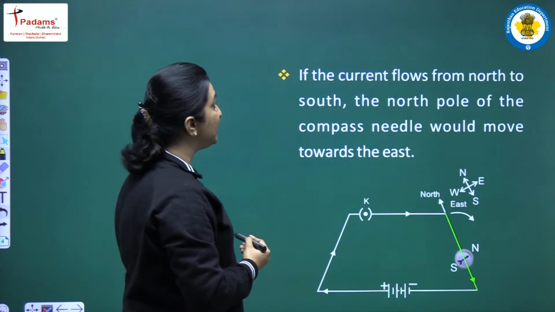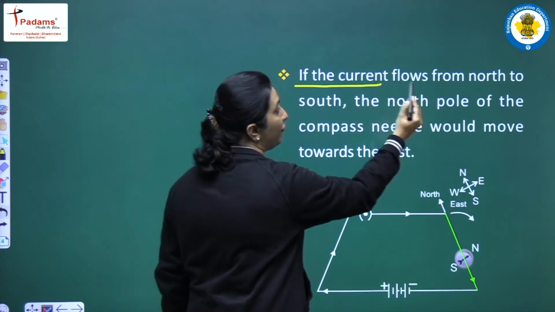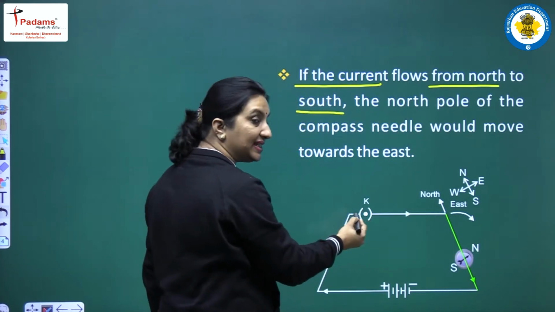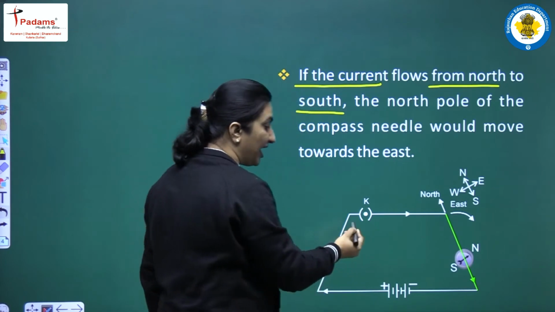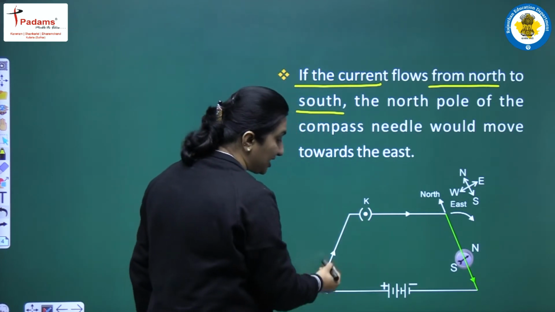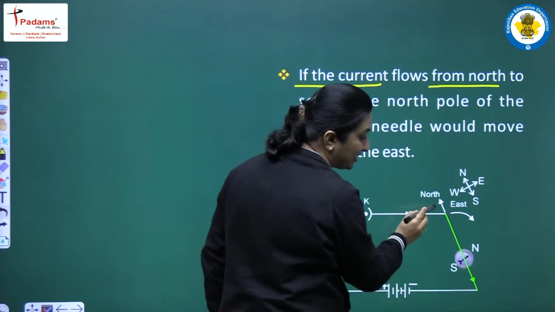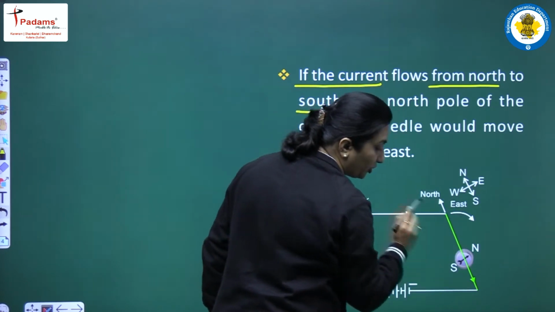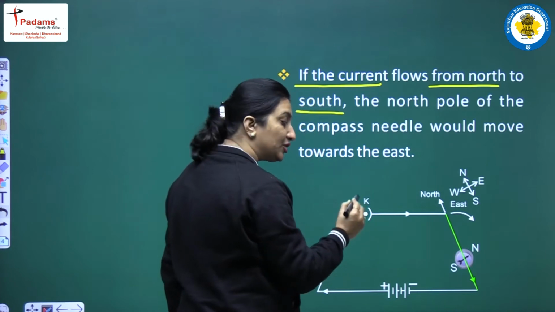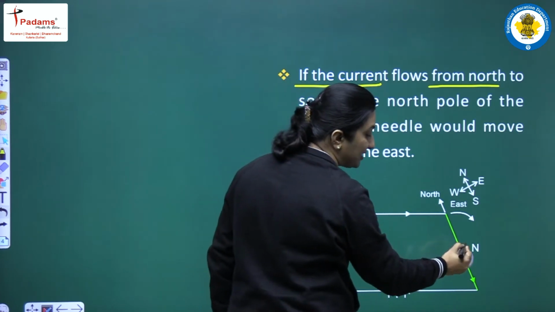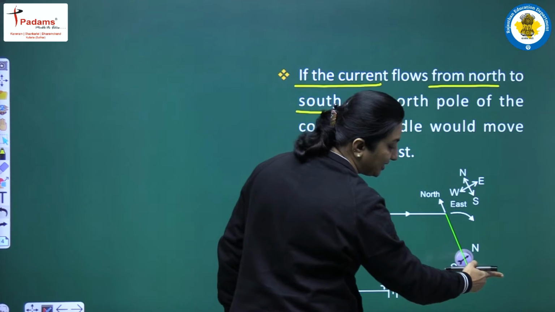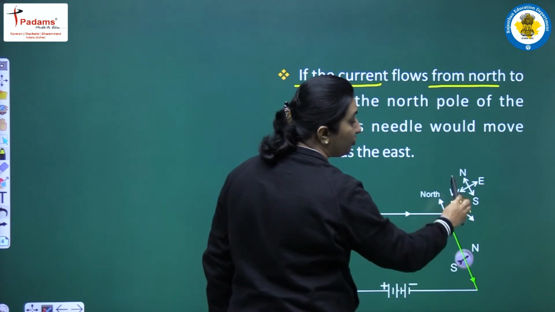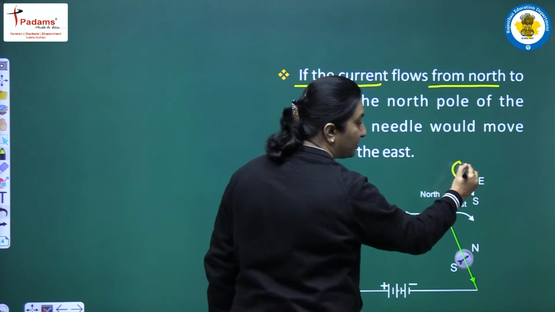So students, what we see is that if the current flows from north to south, here we have plugged in the key, so the current starts flowing in this direction. That is, the current is moving from north to south direction. Then it is observed that the compass needle gets deflected in this way. Here you can see initially the compass needle was pointing towards the north.